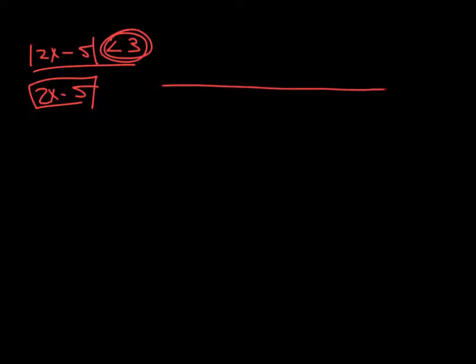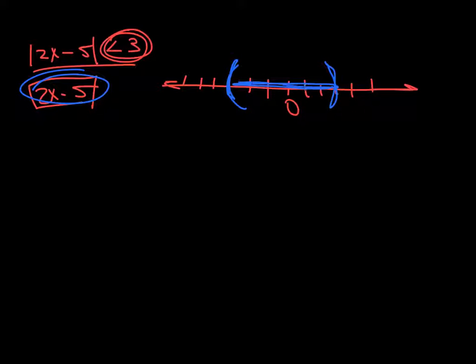So when we have a number line, the distance from 0 will be less than 3. 1, 2, 3. It'll be between here and here somewhere, but it won't be 3. That's why it's rounded. So 2x minus 5 is going to be somewhere between negative 3 and positive 3.